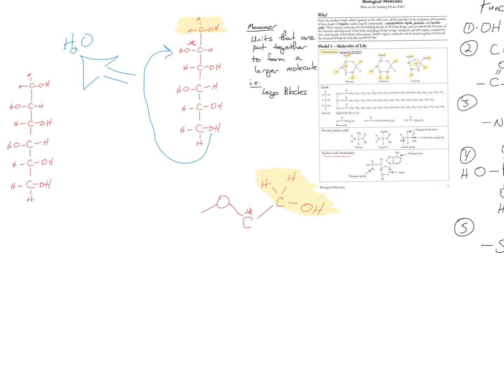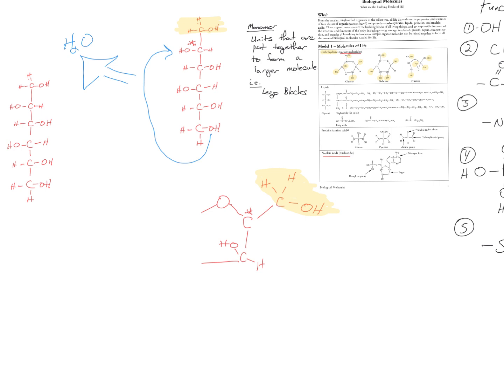And then the connections keep going. This carbon is connected to another carbon. It still has its OH group. It's connected to a hydrogen. These don't change. And the shape that it makes, the reason it makes that shape, is because of intermolecular forces, and there's all kinds of conversations about what a molecule's shape is.